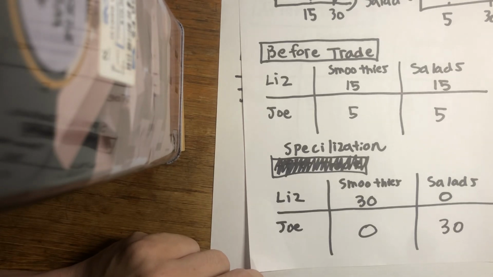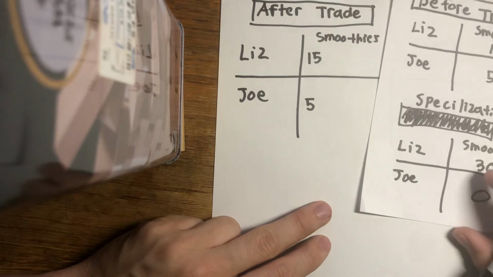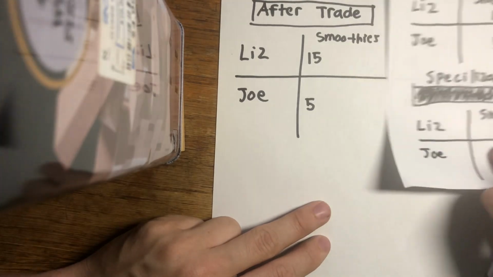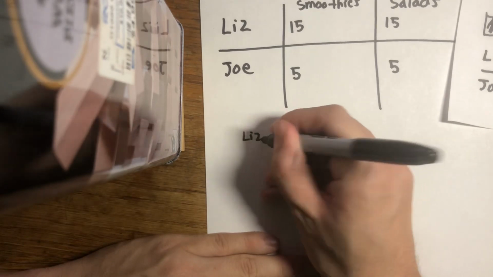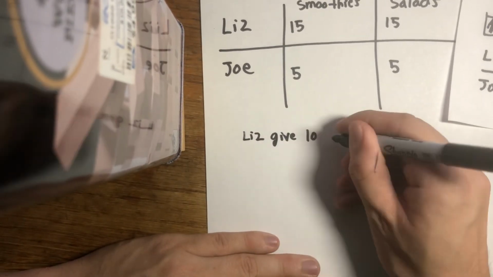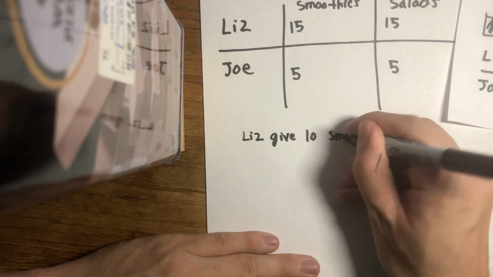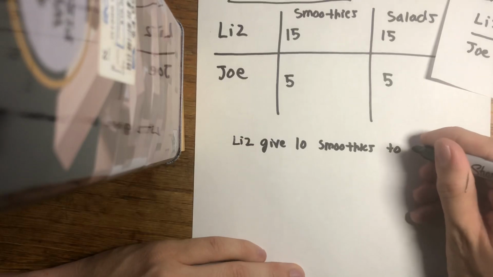Now the question is, how much does she give to Joe? What if she gives about 10 of them? So she gives 10 smoothies. I'm going to write down here: Liz gives 10 smoothies to Joe.